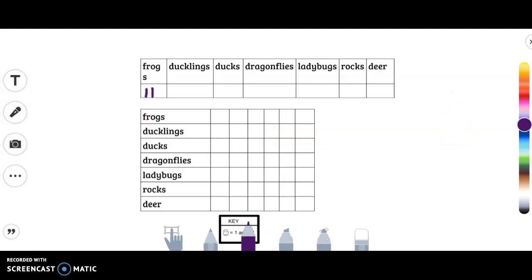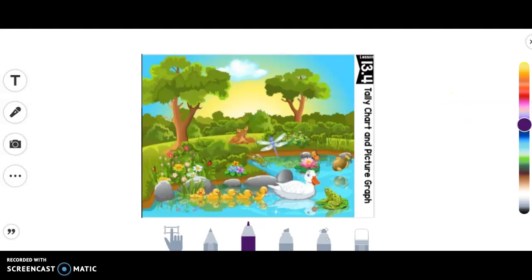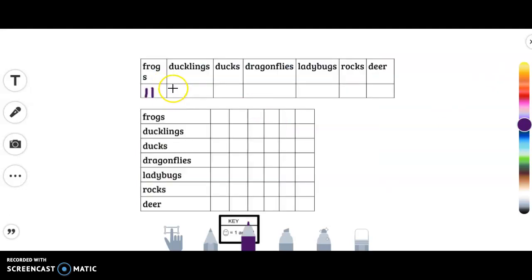That's how many frogs are in my picture. I'm going to go back and I'm going to look for ducklings. Remember, ducklings are the baby ducks. I see 1, 2, 3, 4, 5. So I'm going to go back to my tally chart. Tally 1, 2, 3, 4, tally up 5.